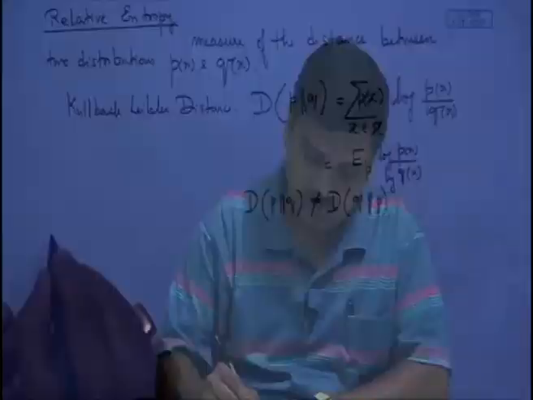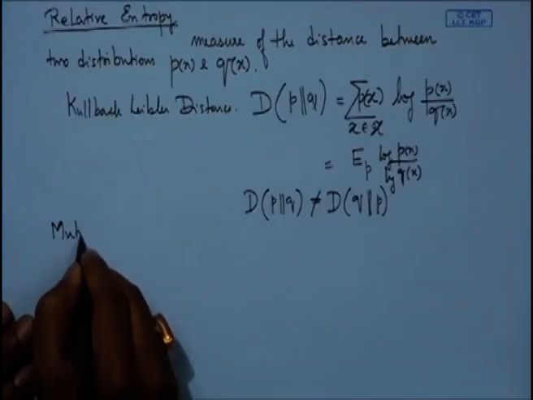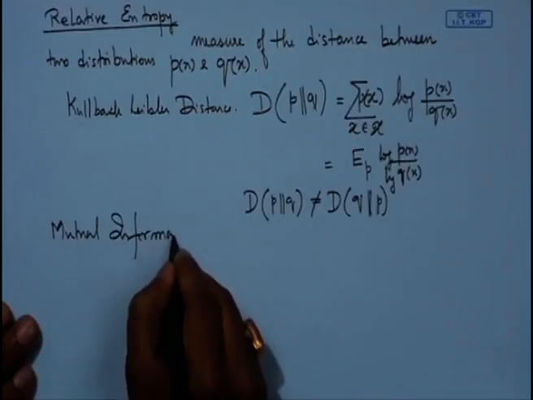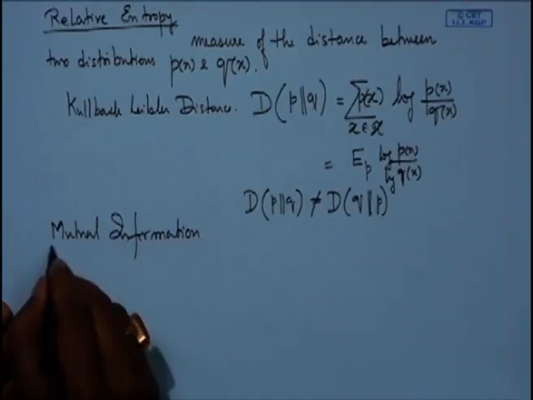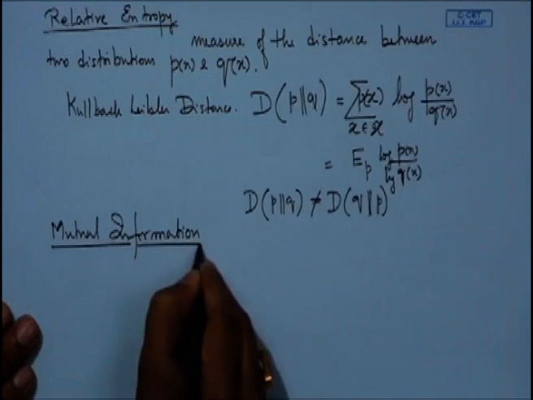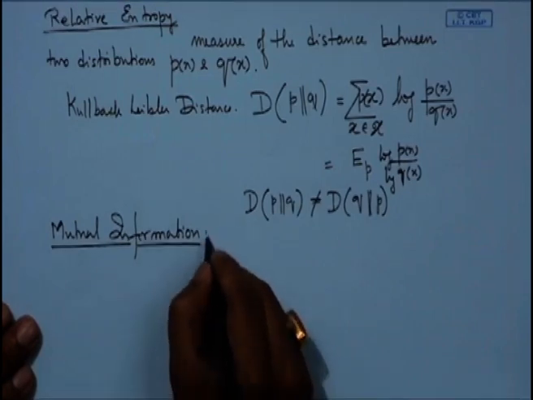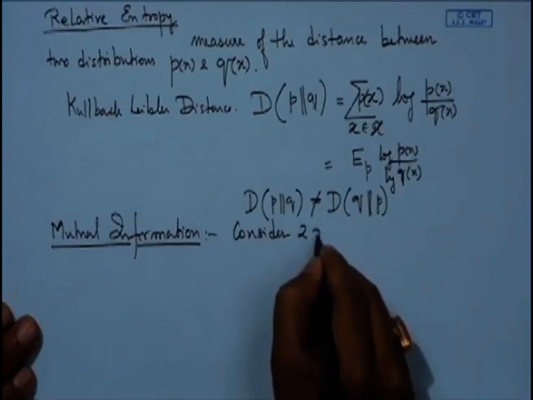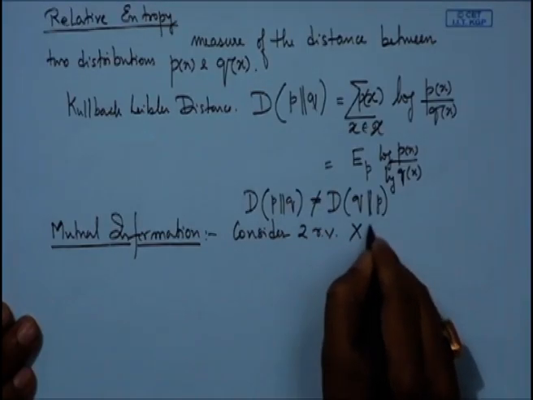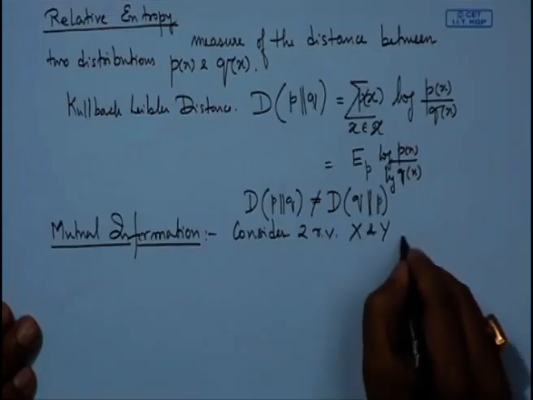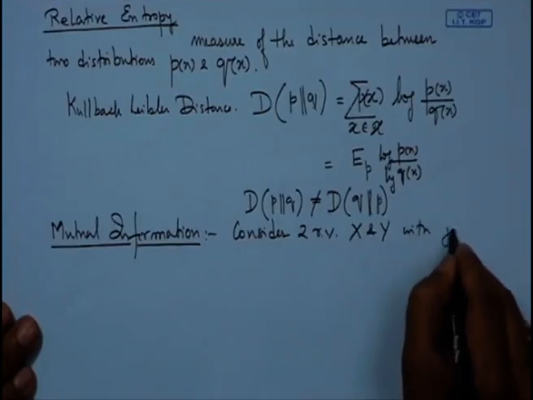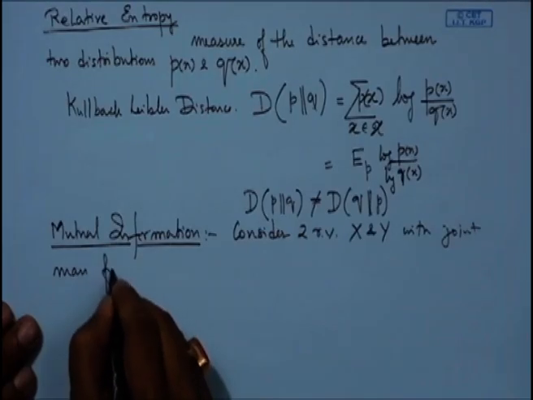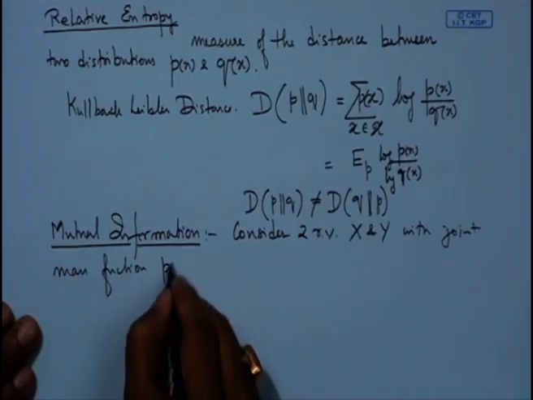So the expression of mutual information: when we look at it, we would consider two random variables x and y with joint mass function P of xy.